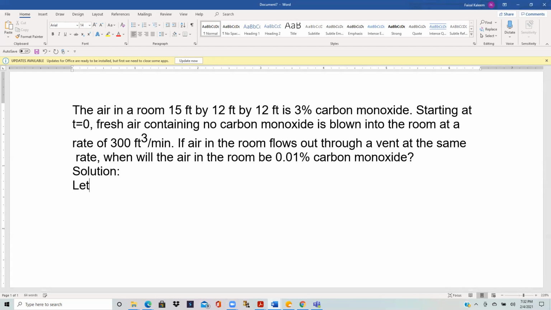So let x of t be the amount of carbon monoxide, in cubic feet, in the room at time t.